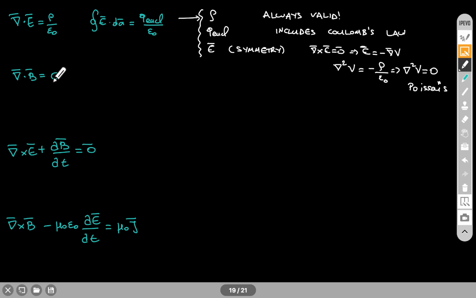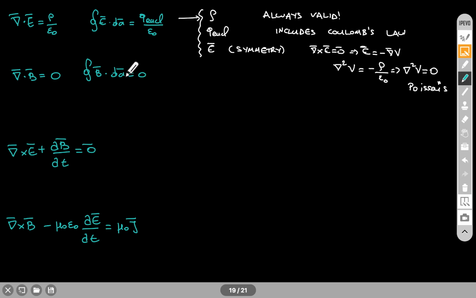All right, now the next one we have is Gauss's law for magnetism. The divergence of B is 0, and that really is not telling us many useful things. So the right side is 0. The integral form, you can express it as the closed surface integral of B dot dA is 0. How can you use it?